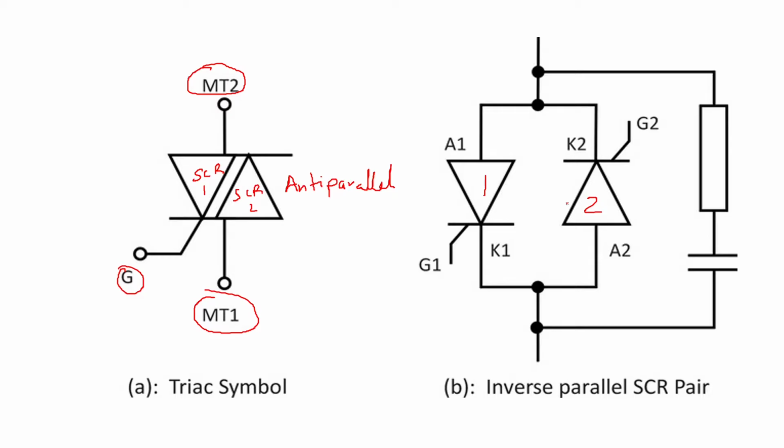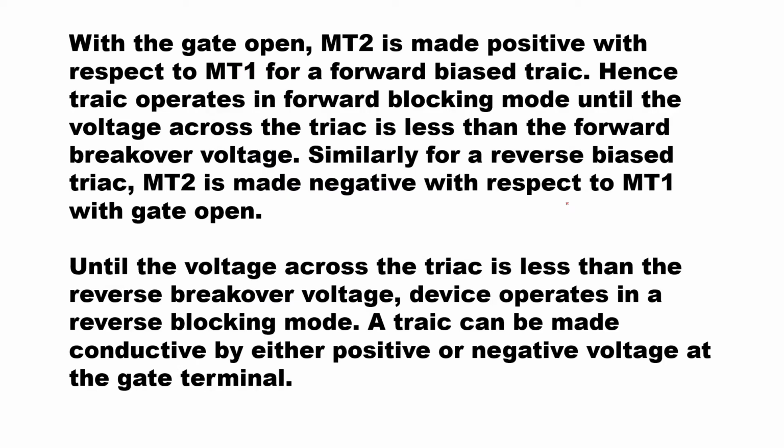Okay. Then we'll go to see that when the gate is open, MT2 is made positive with respect to MT1 for a forward bias triac. Hence, the triac operates in forward blocking mode until the voltage across the triac is less than the forward breakover voltage.